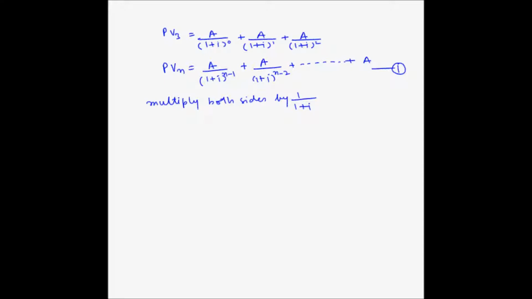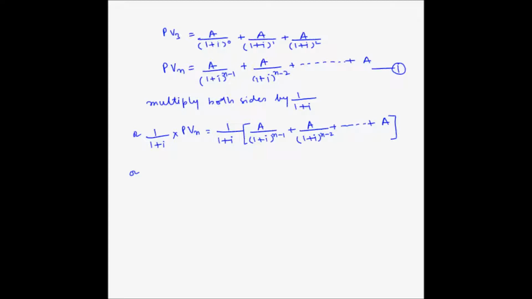So now we'll get 1 divided by 1 plus i into PVn is equal to 1 divided by 1 plus i into the bracket, this whole expression: A divided by 1 plus i to the power n minus 1, plus A divided by 1 plus i to the power n minus 2, and so on, plus A.